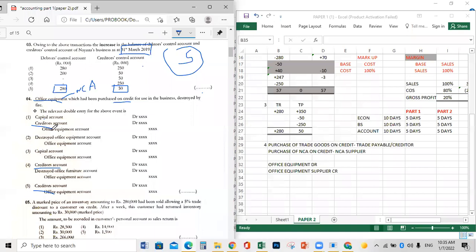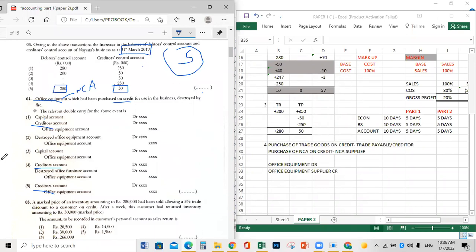So office equipment supplier cannot be involved when there is a destruction. Because the destruction is our fault, guys. How can it be the fault of the office equipment supplier? You get what I'm saying? So, guys, if y'all were thinking, okay, the creditor will be affected, you can't do that. See here, it was destroyed by the fire.